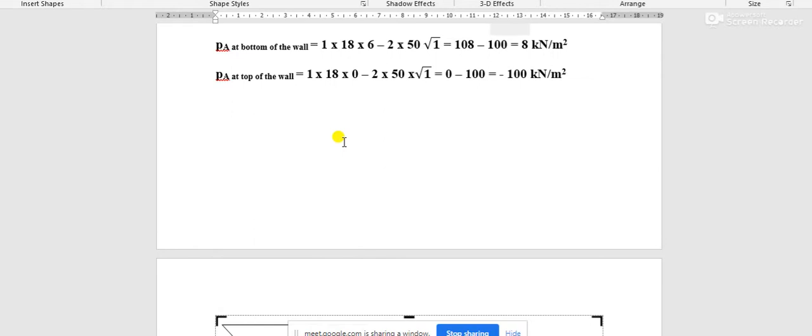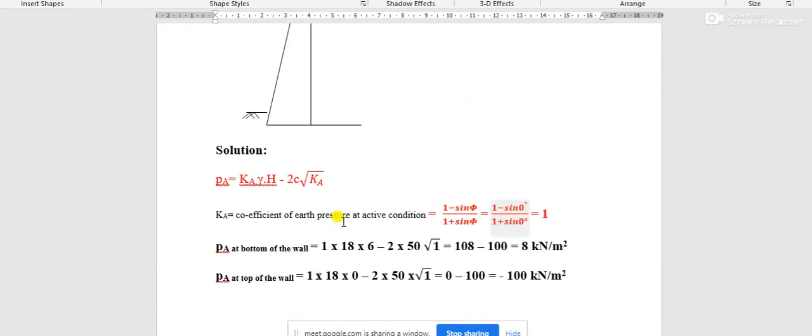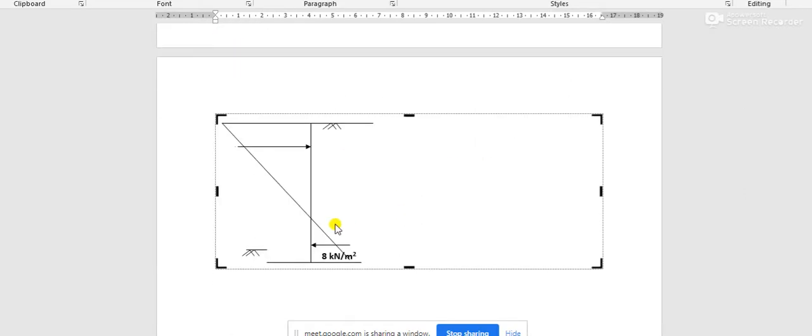Now you may derive a general equation for this point where the active earth pressure is 0.